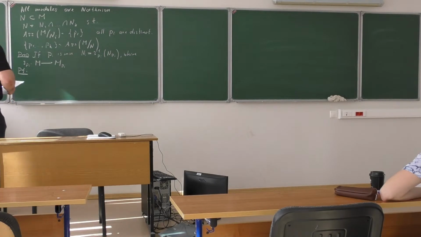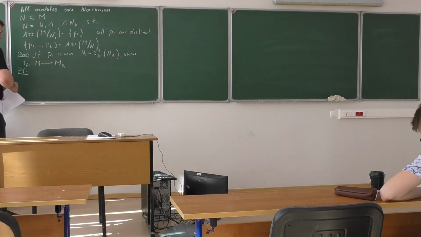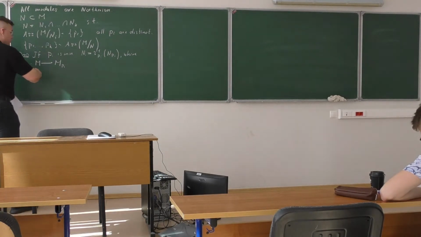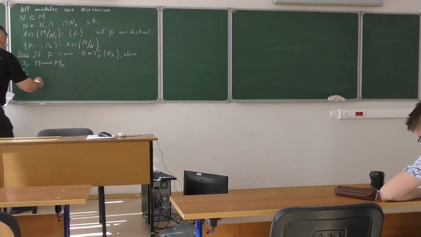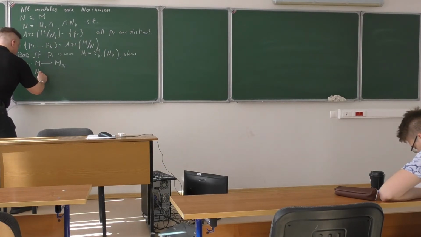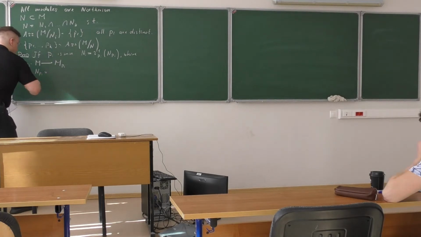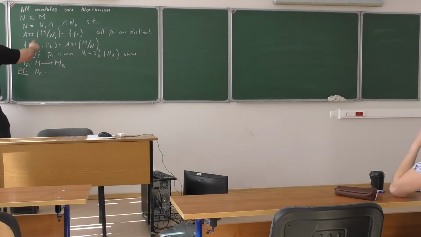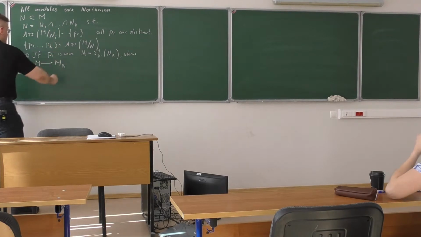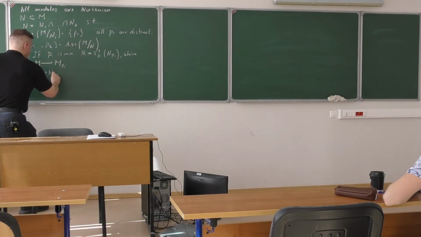Well, first of all, we use the fact that localization commutes with intersections. So if I want to understand the localization of N at Pi, I know that N is an intersection, so I can say that this is the intersection of the corresponding localizations.